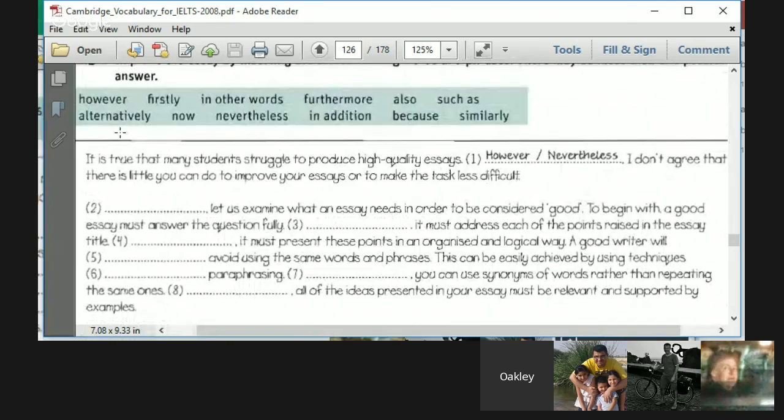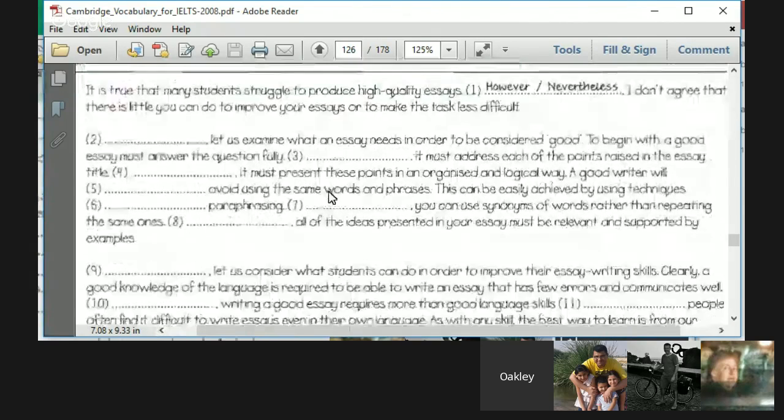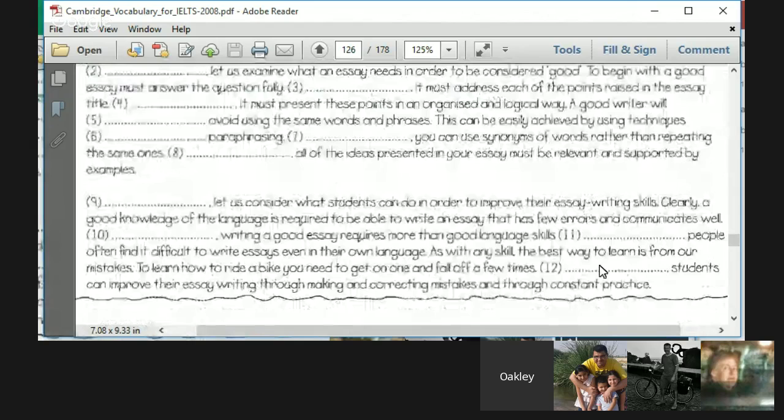I don't see any good answers here. Similarly, maybe. It doesn't really work. Okay. I don't know if there's a good option here. No, I don't either. Can you think of a good option?